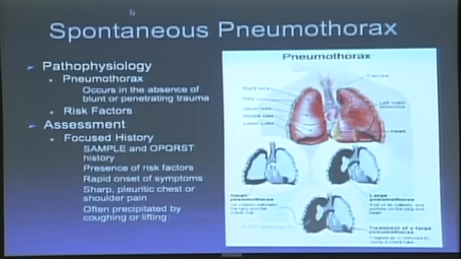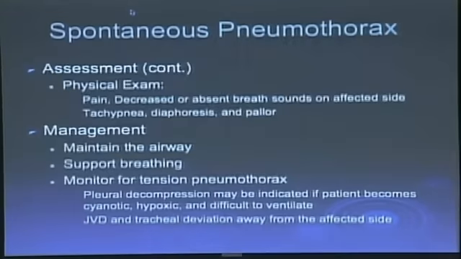This is not a traumatic one. Someone who falls and gets a pneumothorax is another thing. A basic rule for me is that nobody ever died of a simple pneumothorax. It's uncomfortable. They have shortness of breath.